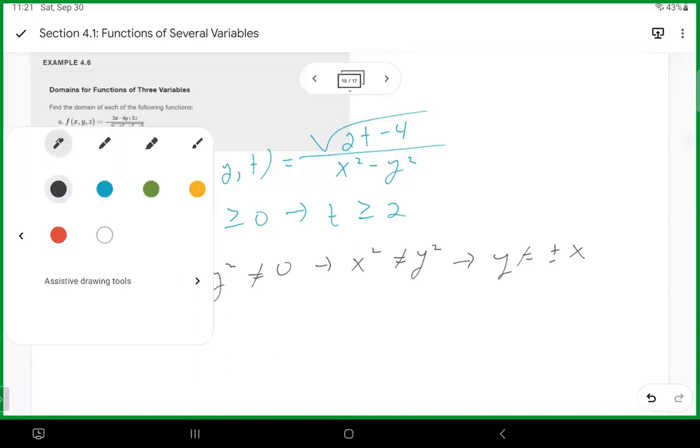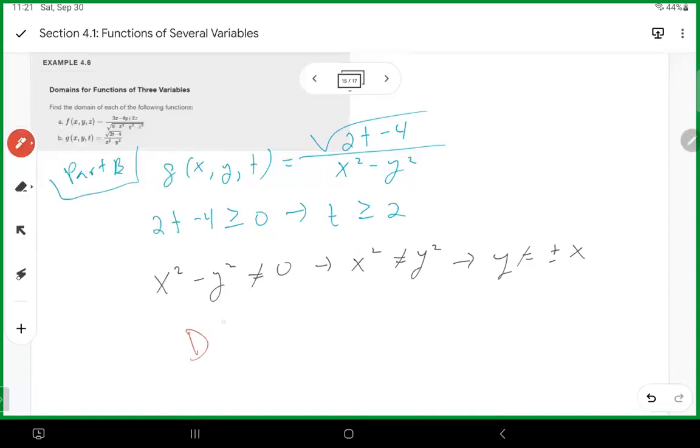Therefore, the domain of g of x, y, t is equal to x, y, t such that y cannot be plus or minus x, and t has to be greater than or equal to 2.